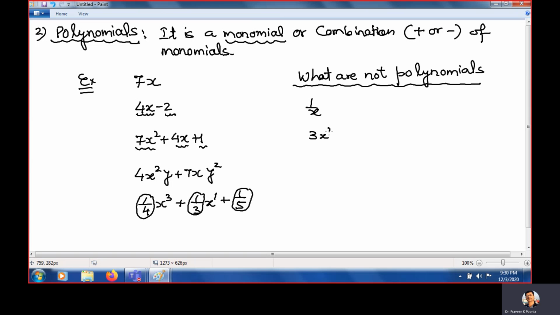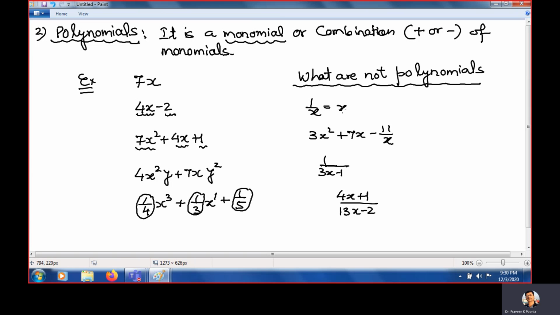Clear? 3x square plus 7x minus 11 upon x is not a polynomial. 1 upon 3x minus 1 is not a polynomial. 4x plus 1 upon 13x minus 2 is not a polynomial. Okay? Why is this not a polynomial?